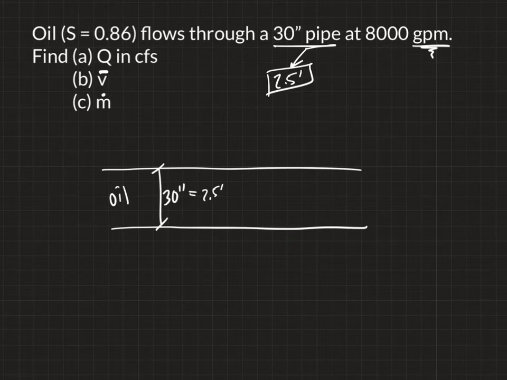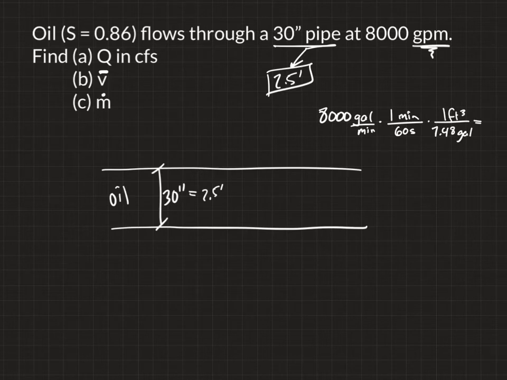And for 8,000 gallons per minute, to get to seconds we go 1 minute per 60 seconds, and 7.48 gallons per cubic foot. That converts that nicely for us.